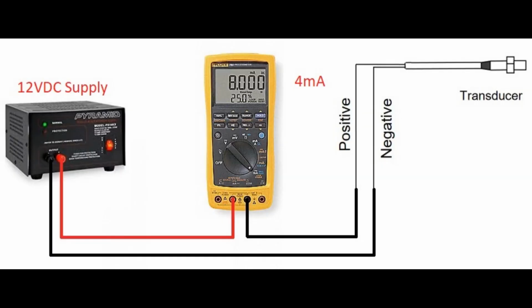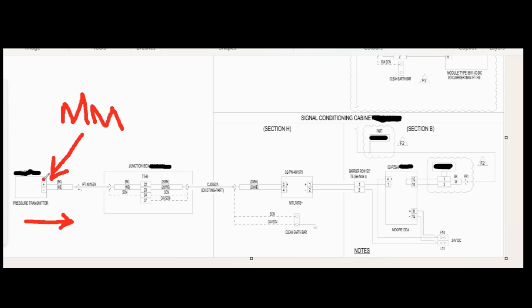So you would connect your multimeter up in series, and because the pressure transmitter gives an output of 4 to 20 milliamps, you would set your meter to milliamps, and you would read the milliamps that the pressure transmitter is outputting. Obviously, you need to put it in series because you need the power supply from here and here still flowing through the pressure transmitter to get the reading that it's outputting.